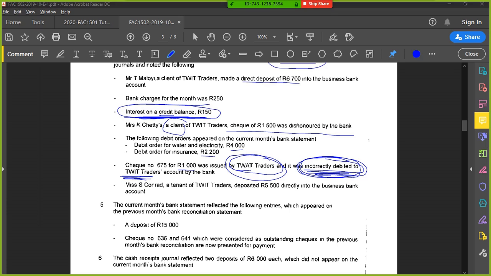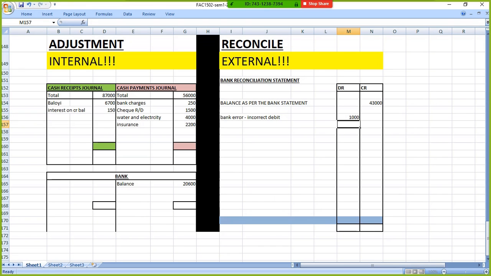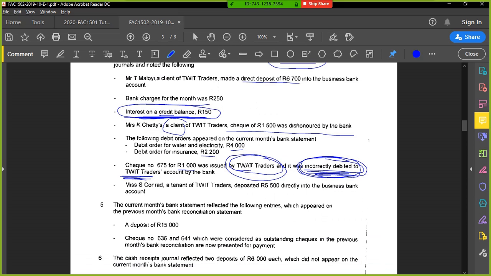That's wrong. So it'll be a credit, because they're going to give you back the money that they took. It's an incorrect debit because they incorrectly debited your account.